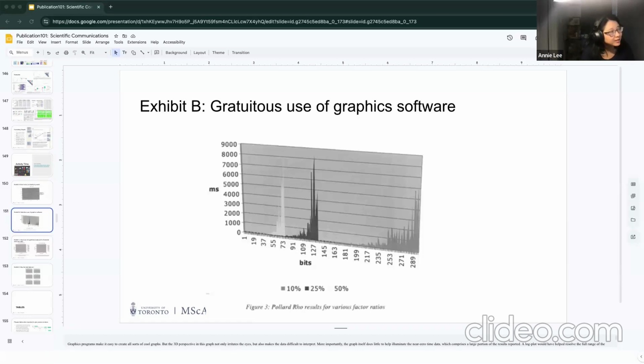And the fact that they're compared like this, I don't think a bar plot is the best idea.